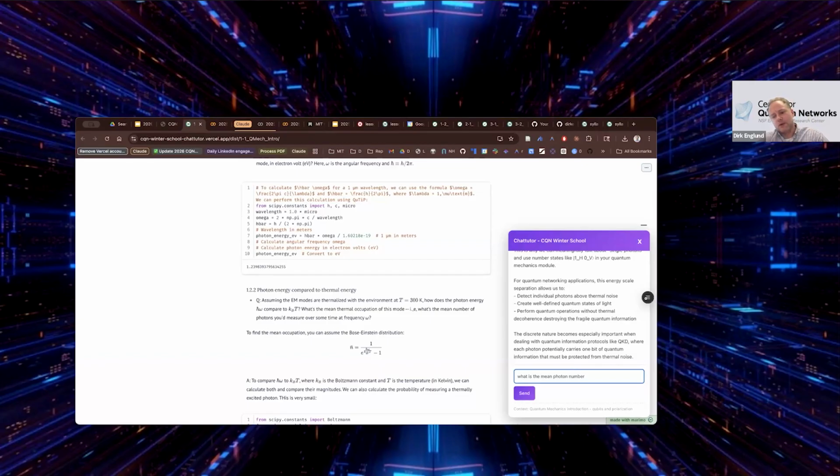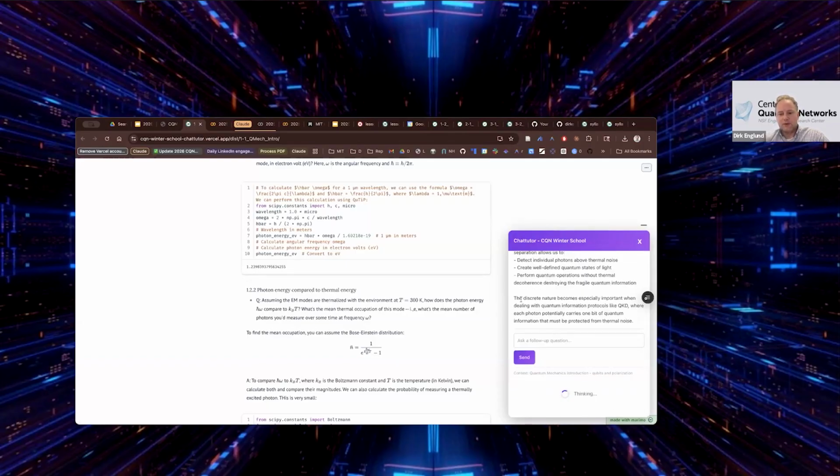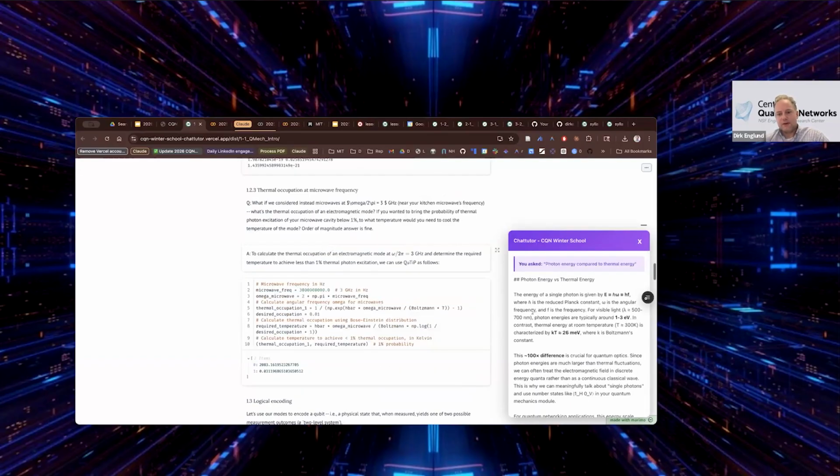What is the mean photon number at a carrier frequency near cell phone frequencies, 2.5 gigahertz or something? Okay, so it will give you a good answer. I'm pretty sure I've tested this kind of thing before. Okay, we don't have to wait.